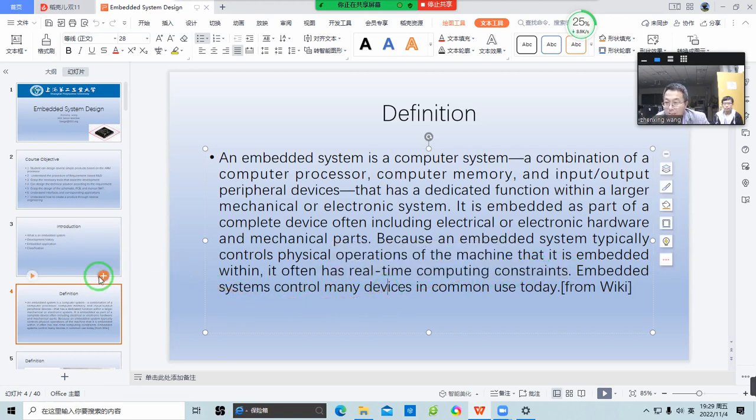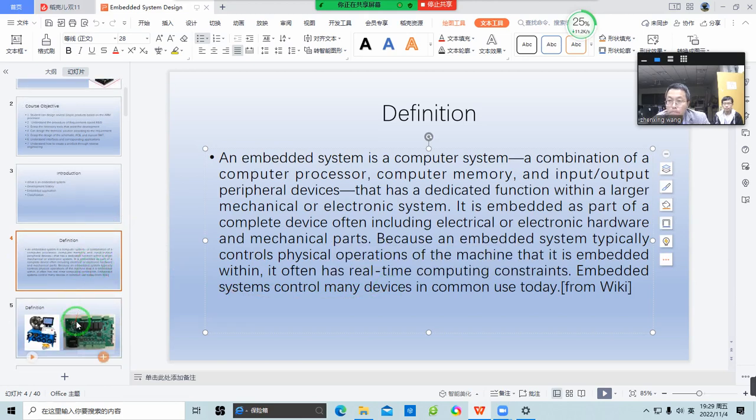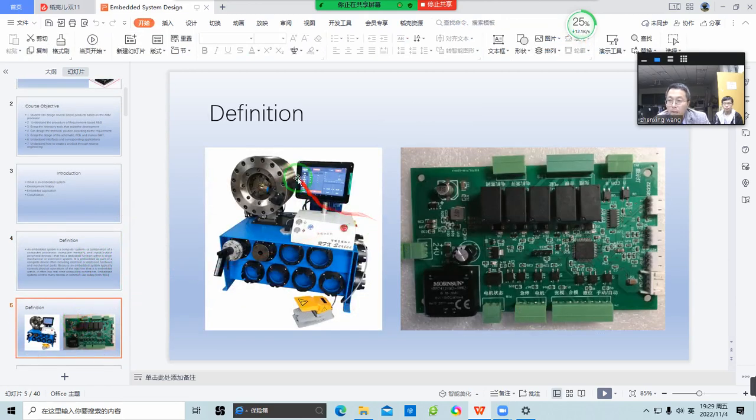Okay, let's explain this. First, this is a machine. I designed this machine for my customer. This is a riveter machine. The controller is an embedded system. This PCB board is installed inside this iron box.